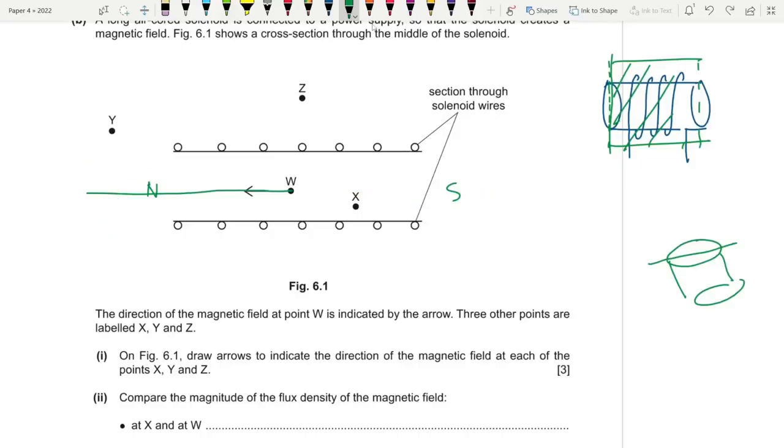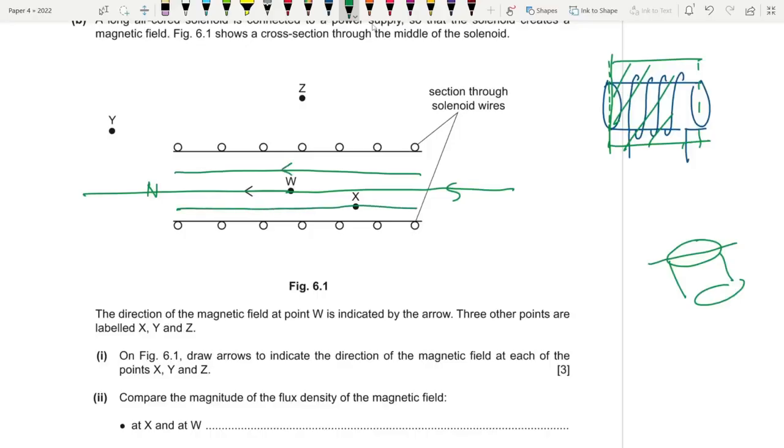So we know the north and the south pole now. On figure 6.1, draw arrows to indicate the direction of the magnetic field at each of the points X, Y, and Z. Interesting. So I'm going to show you the actual drawing. This is what it looks like. Inside the solenoid, there's actually a uniform field.